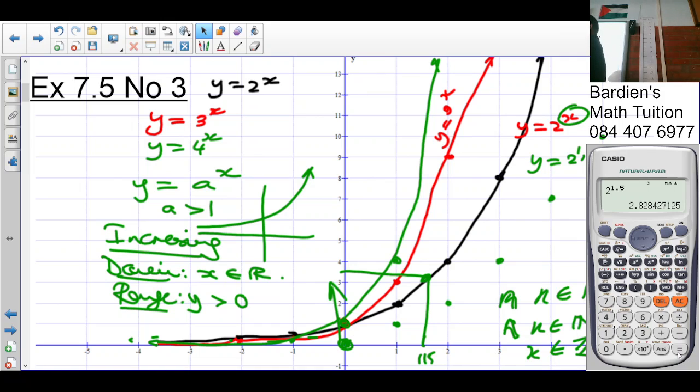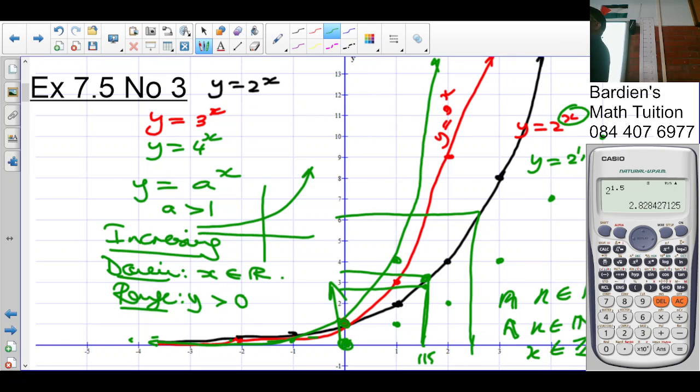Now again, my graph is not drawn to scale, but if I draw this to scale, you would see the graph comes somewhere here. If I had gone with 2.5, that value will fall in line with that. So all these values in between are also part of that graph.